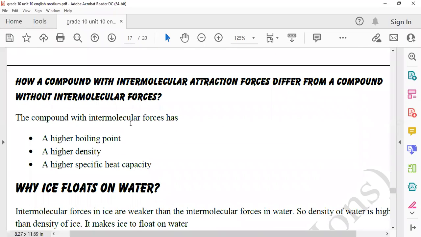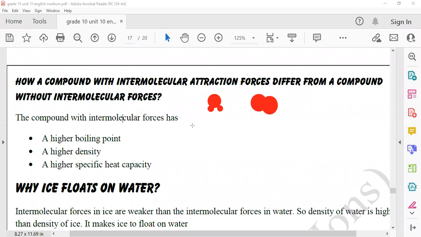Now, if you take a water molecule, it is comparatively a small molecule. If you take an oxygen molecule, it is comparatively a larger molecule.